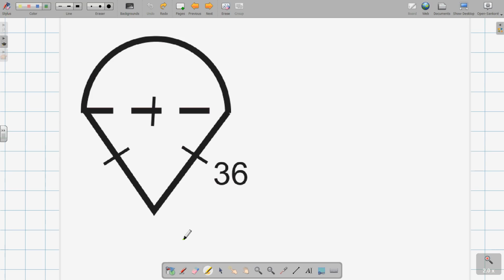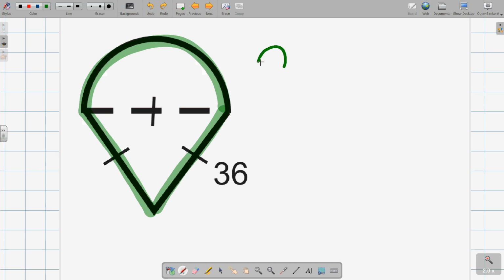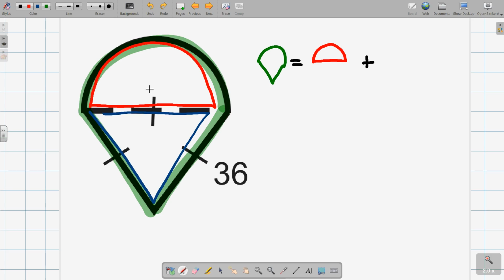So this entire shape, let's just trace this whole shape, like a little baby version of it, is equal to a half circle added to a triangle. So we have to find the area of both.